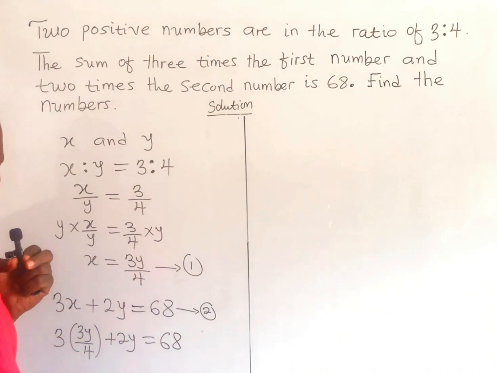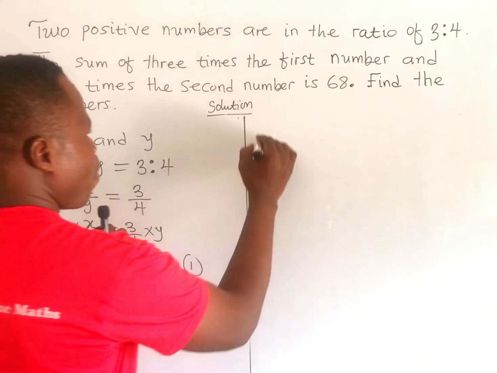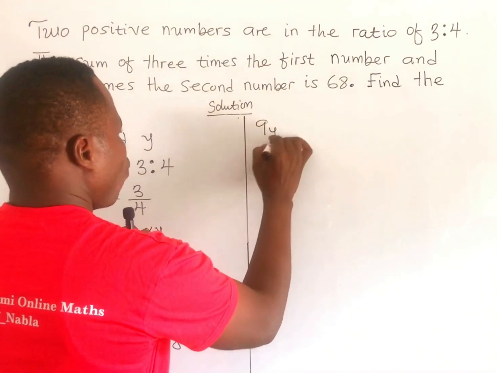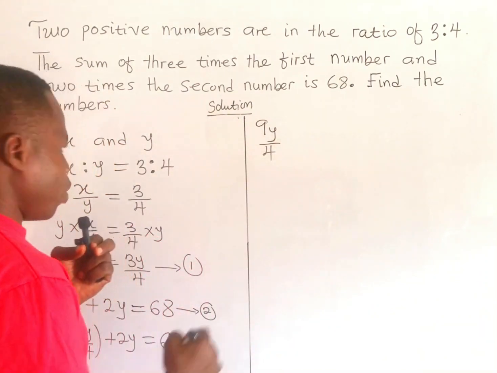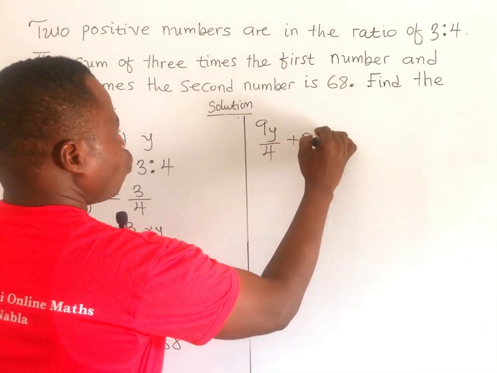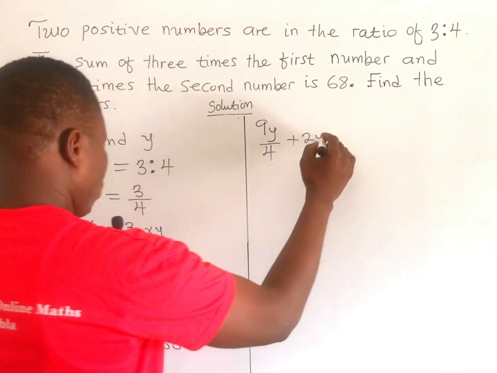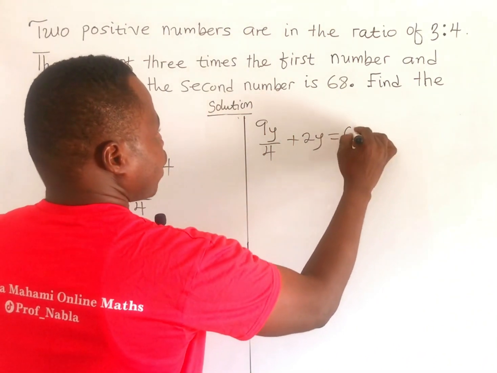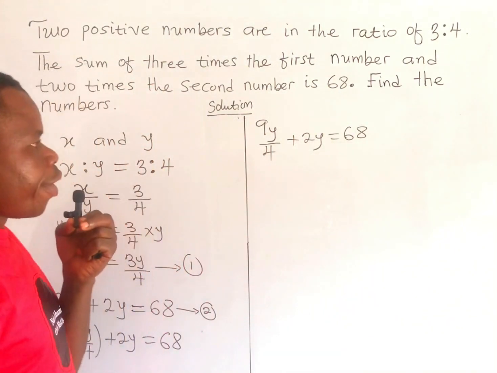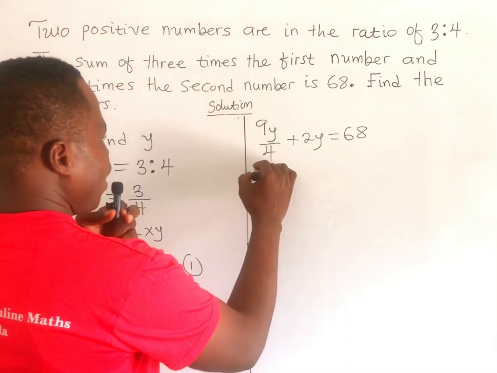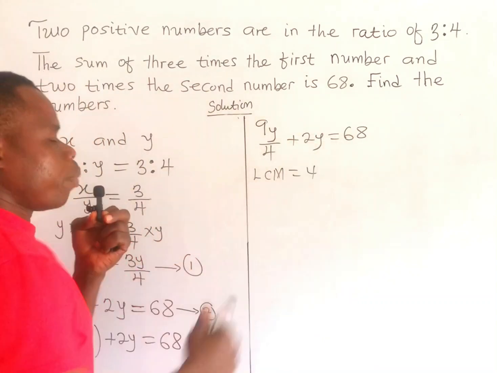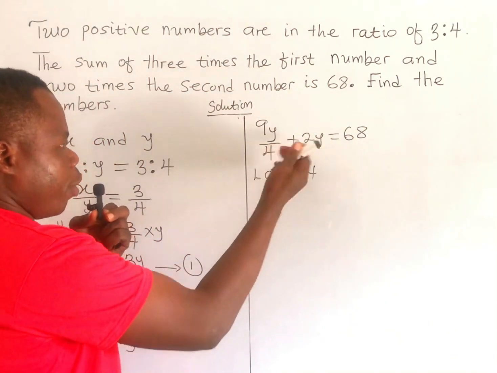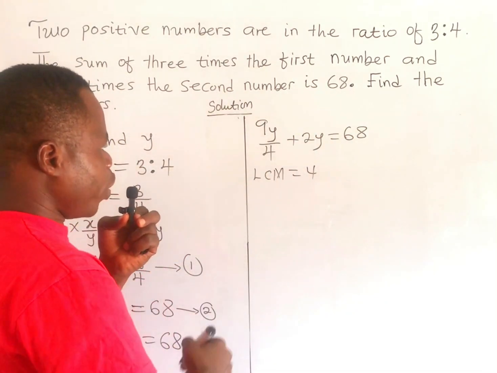To open the bracket here, 3 times 3y, I'll get 9y over 4 plus 2y, which is equal to 68. From here, my LCM should be equal to 4. So I will multiply through by 4 in order to remove the denominator.